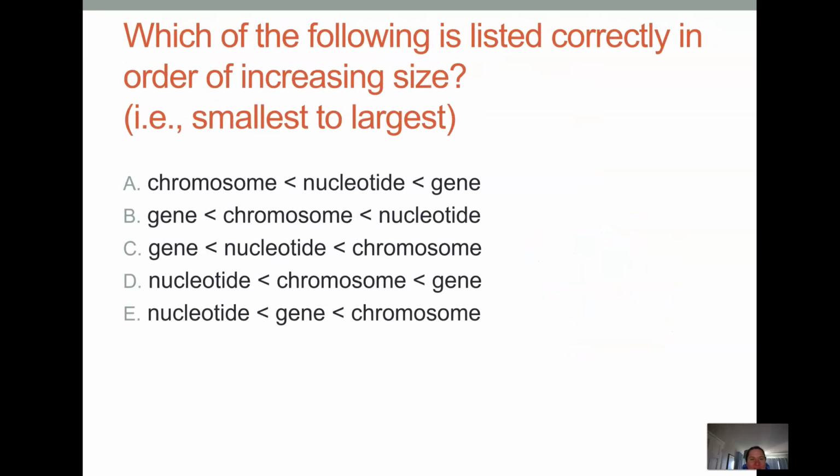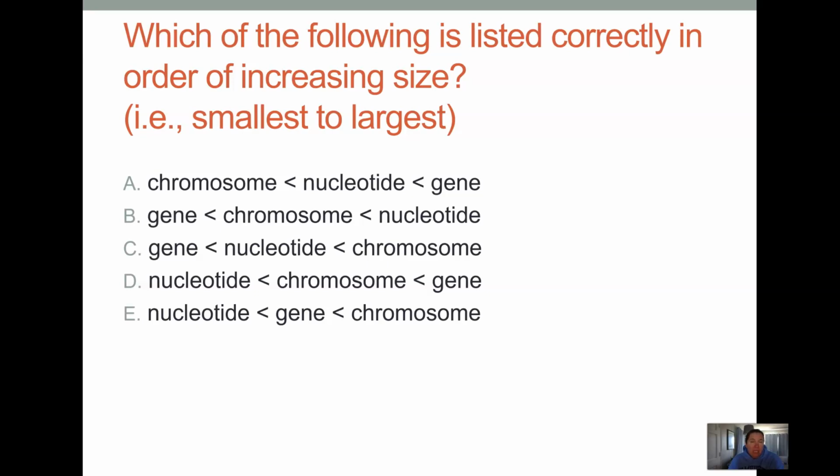All right, I think there's one more here. And our last concept question: which of the following is listed correctly in order of increasing size? We haven't actually directly addressed this yet, but hopefully you recall what we focused on in this portion of the lecture: nucleotides, and what makes a nucleotide.